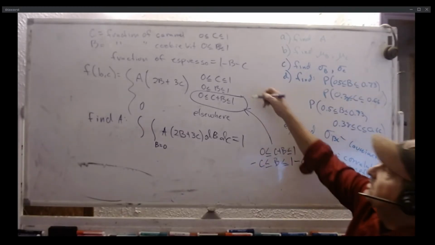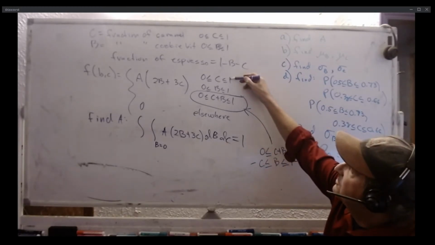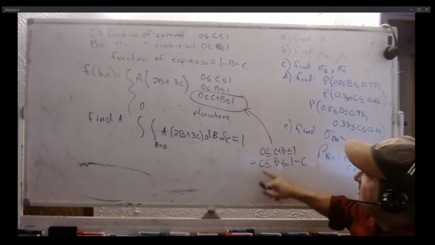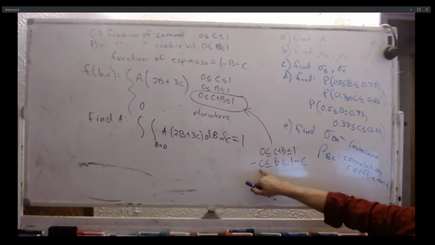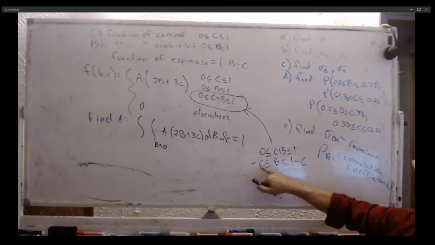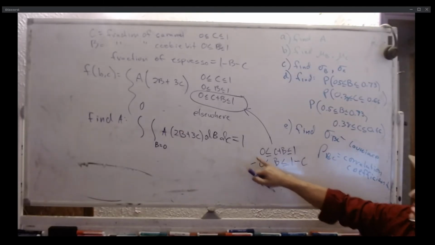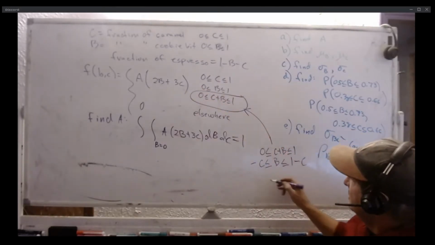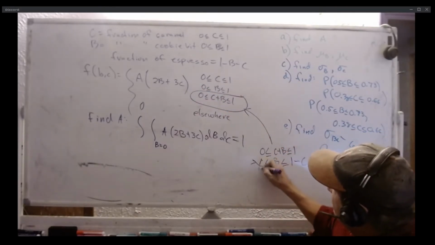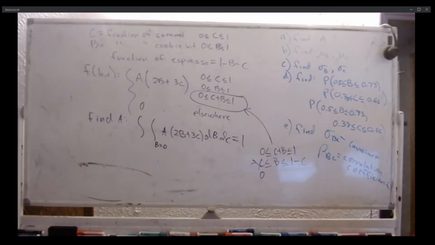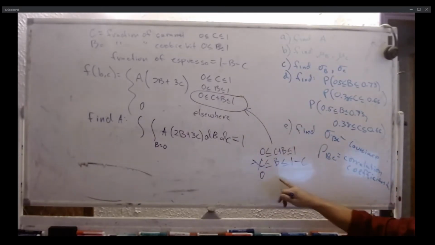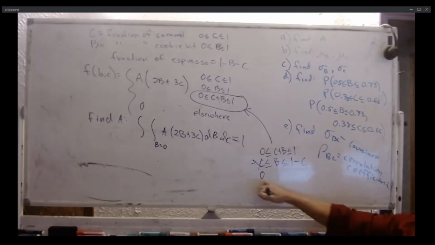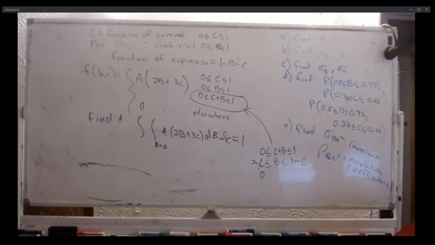We know that C is non-negative, so negative C is non-positive. Can B ever equal negative C? It can't. B is capped at 0 on the bottom end. So instead of writing this, to capture all the conditions, it's 0 is less than or equal to B, less than or equal to 1 minus C. So now we have the lower limit and the upper limit of B.